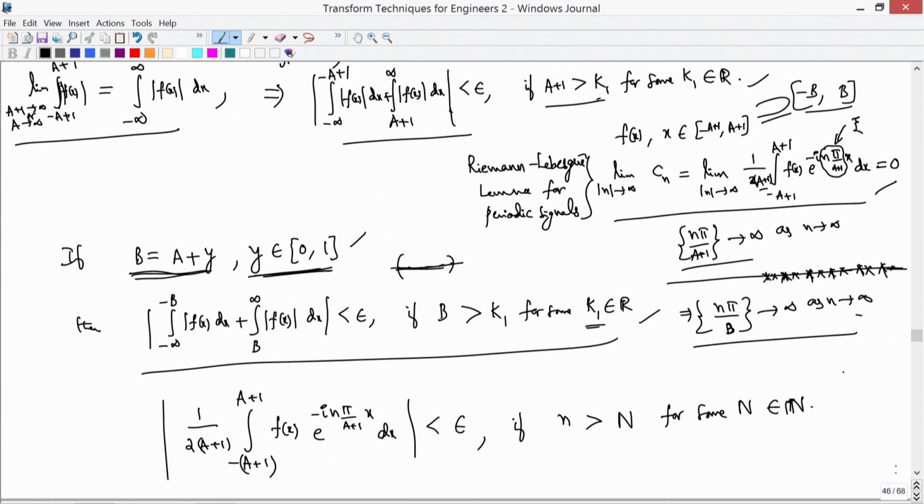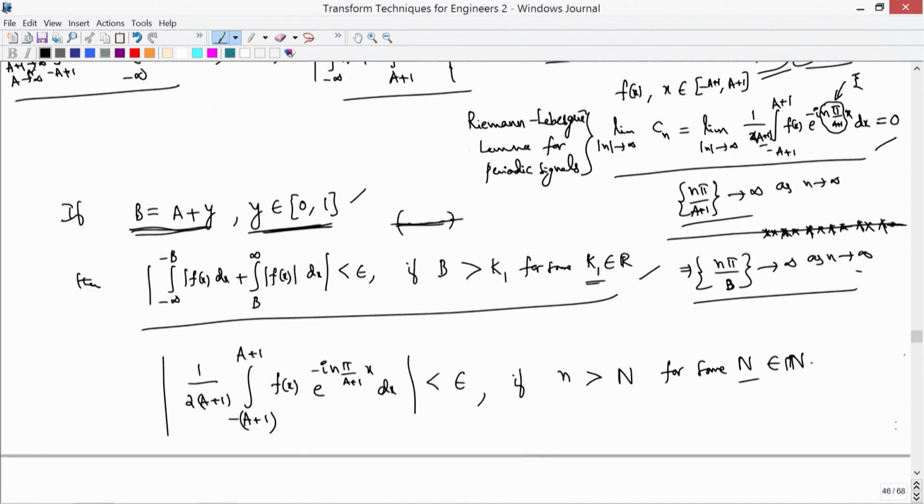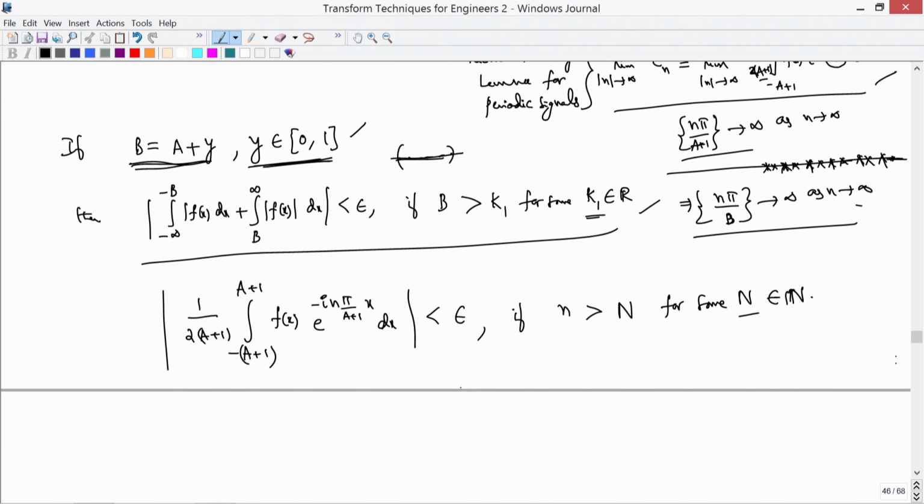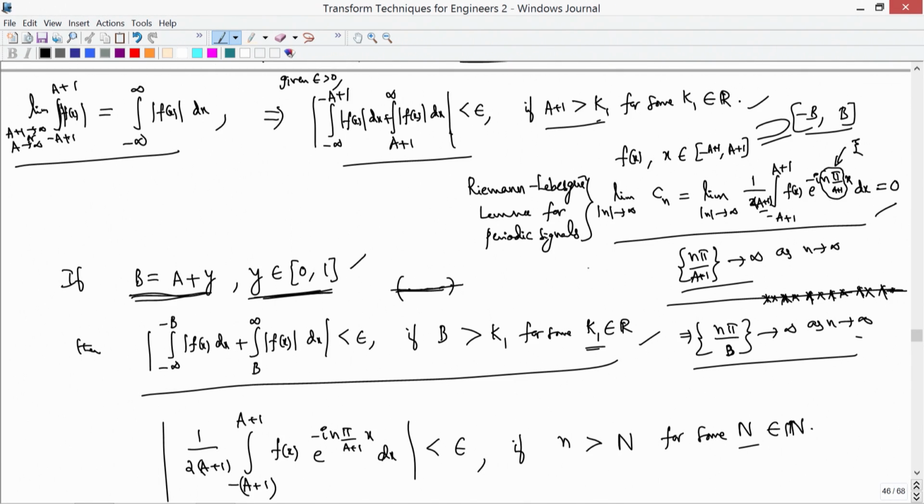Now, if I choose minus b to b, the same N will work, but it is a different sequence that converges to infinity, okay. So every time you do that, this quantity is still true.